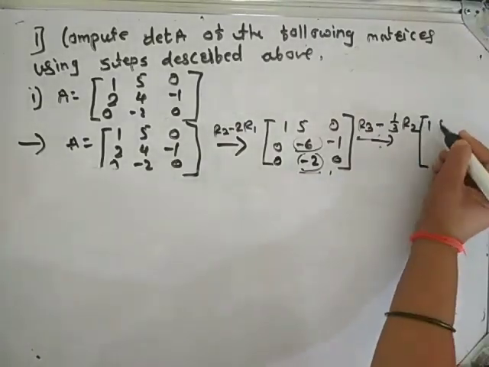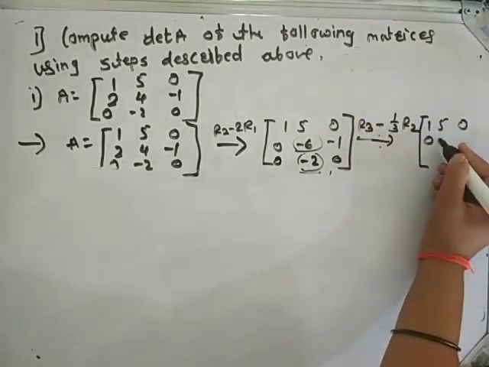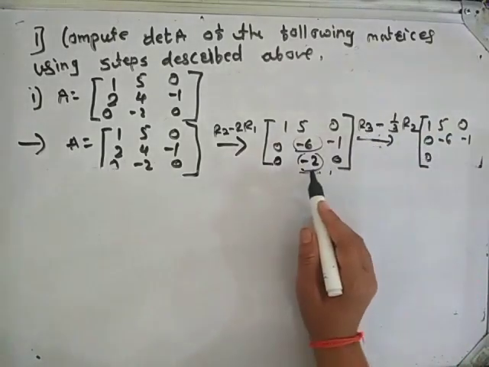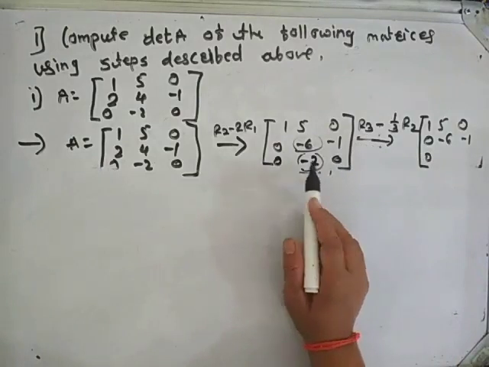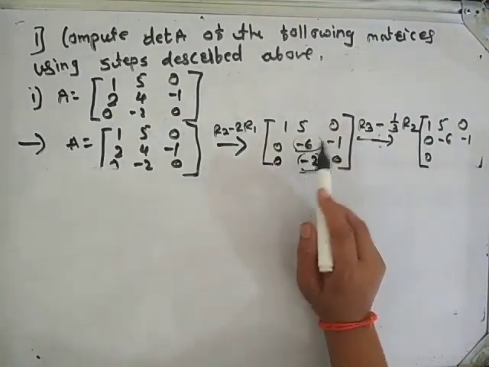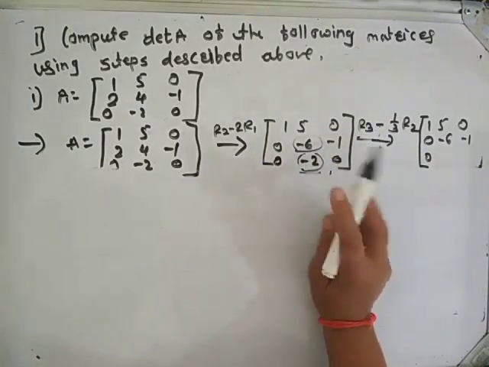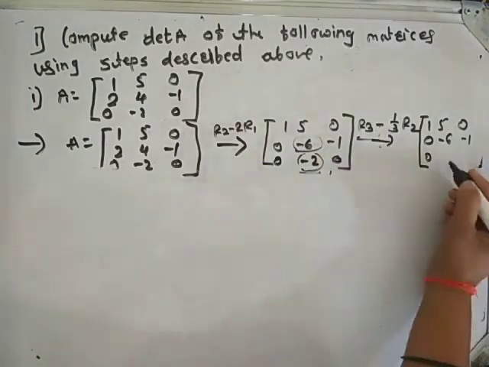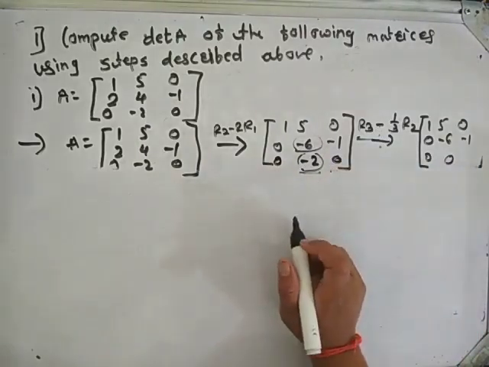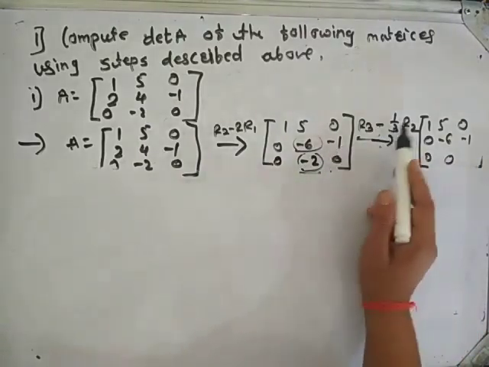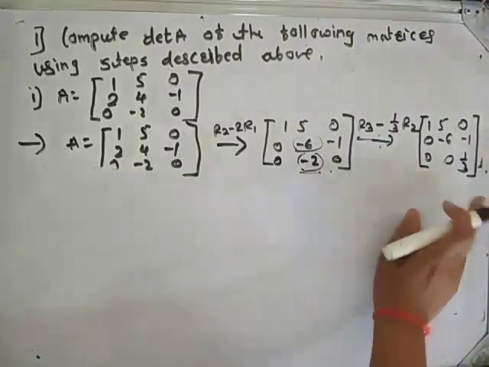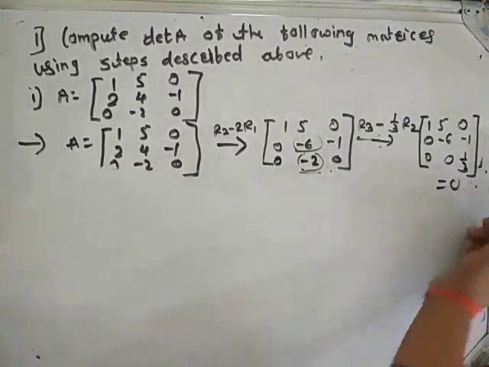So we will get matrix 1 5 0 0 1 1/6 and for R3, -2 plus 2 is 0, and this minus 1 into minus 1 by 3 is plus 1 by 3. So this is your matrix U.